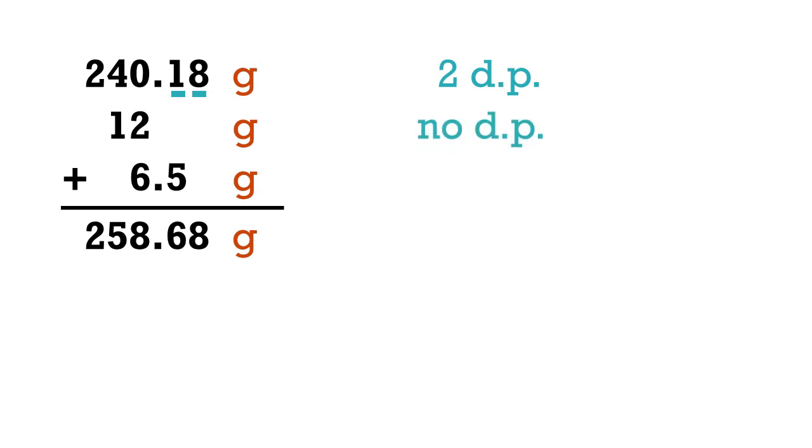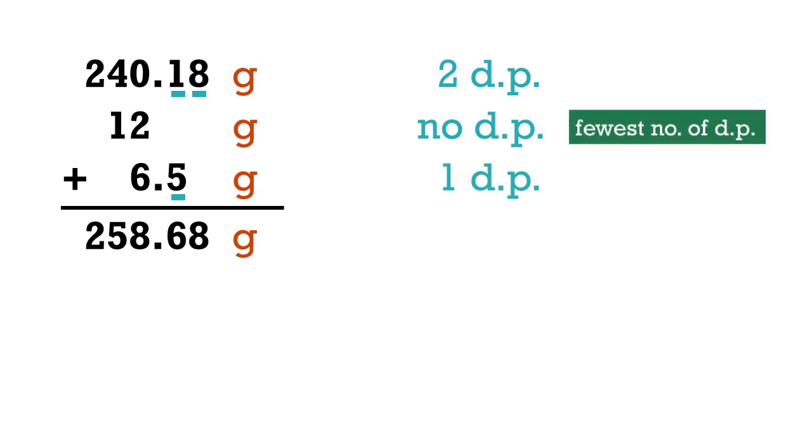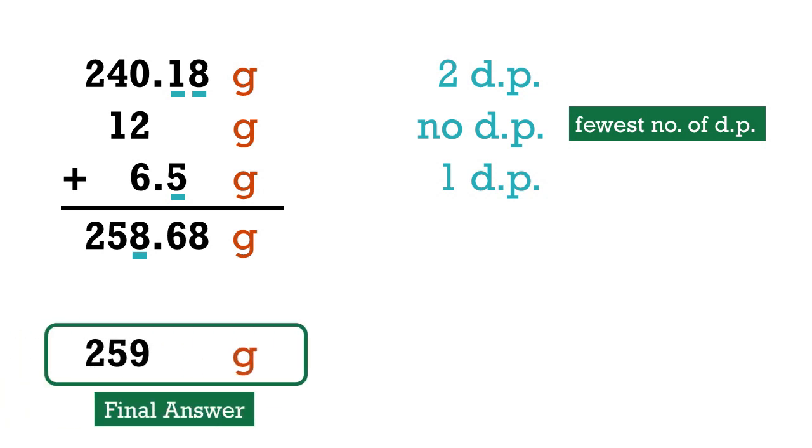In 6.5 grams, there is 1 decimal place. The fewest number of decimal places is none. Therefore, we need to round the answer to a whole number. Because the number at the right side of 8 is greater than 5, we will round up 8 to 9. Thus, the final answer is 259 grams. This final answer has no decimal place.